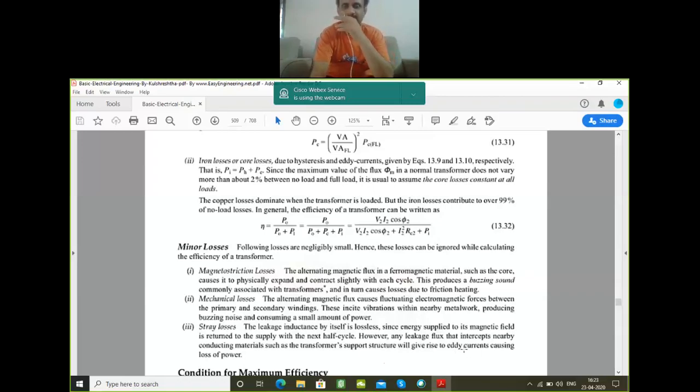So when stray inductance interferes with the transformer, eddy currents are created and they create losses.